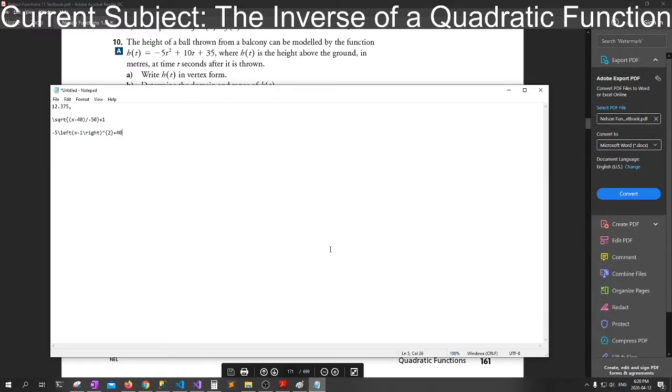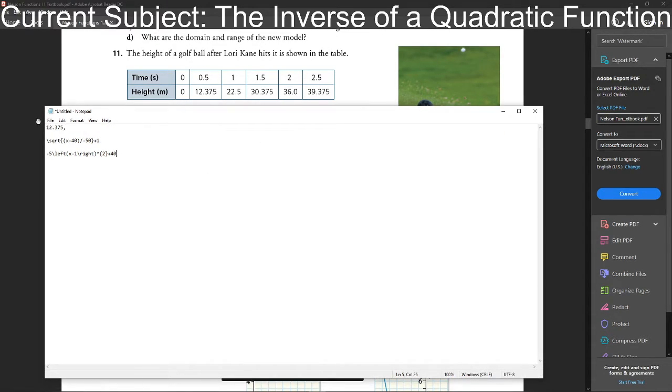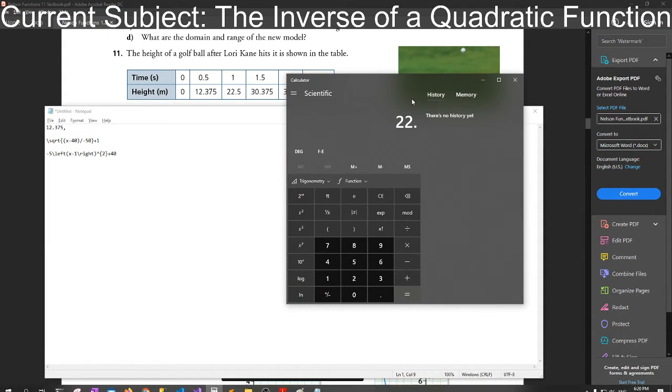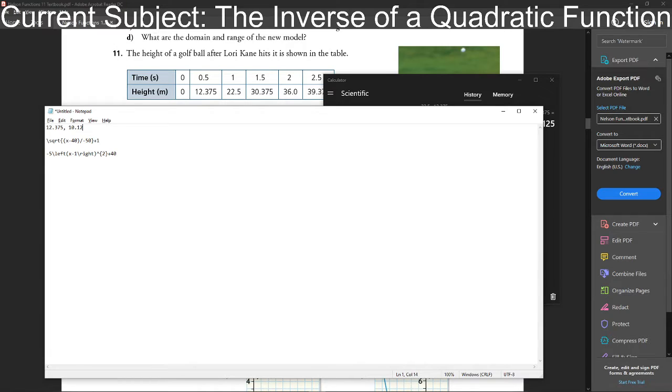Alright, first and second differences. Let's go. $22. Right, where's our calculator? So we want to do 2.5. 12.375, 10.125, 10.125.